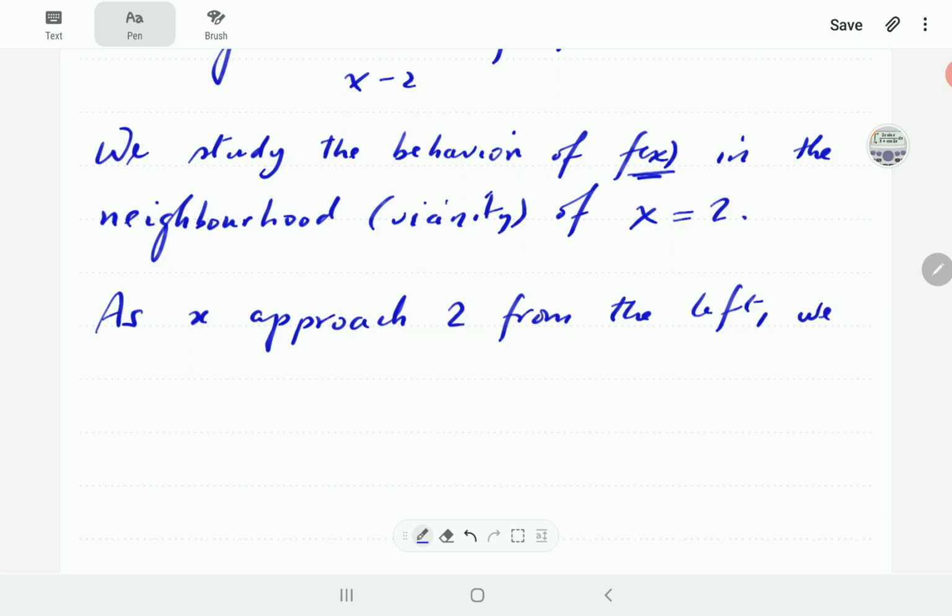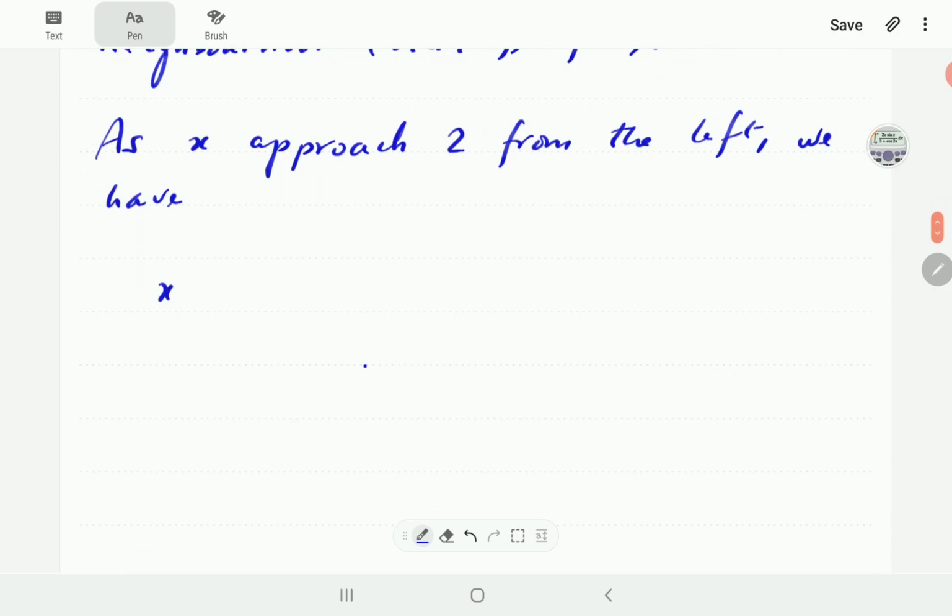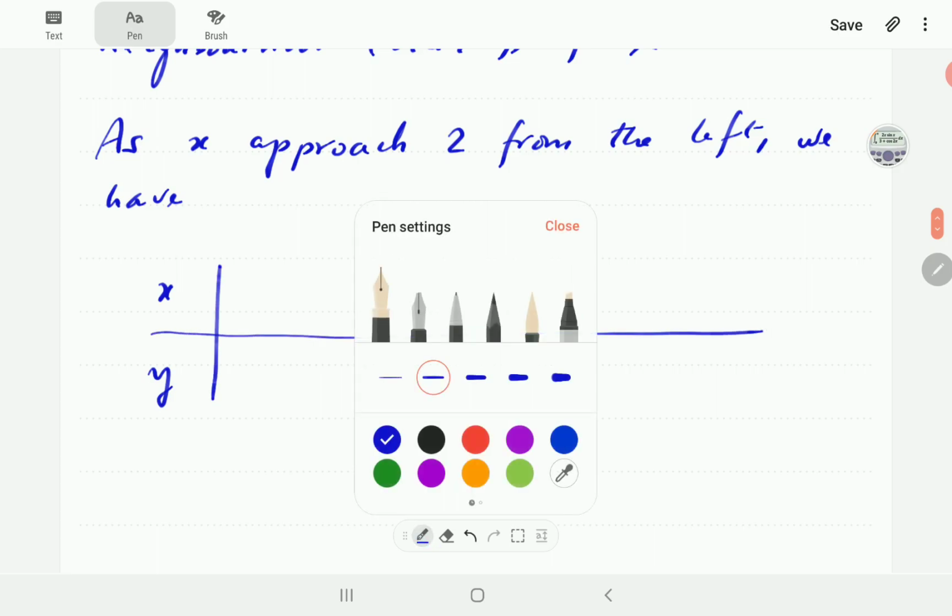We are going to tabulate the values of y as x gets closer and closer to 2. So let's have a little table here. We're going to take a few values.